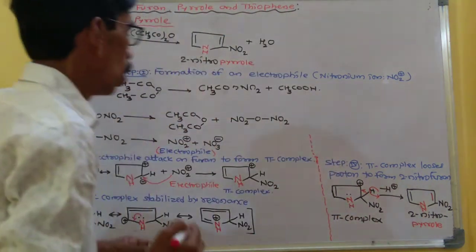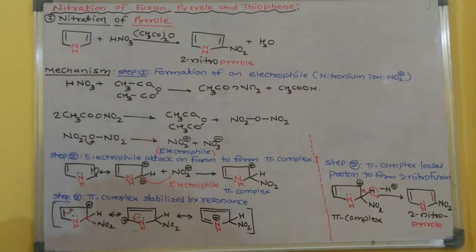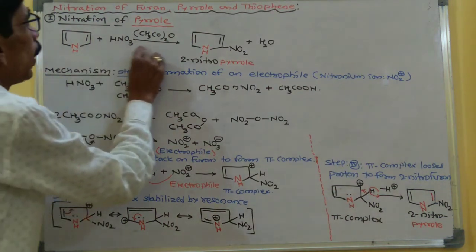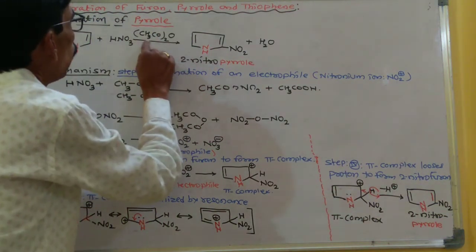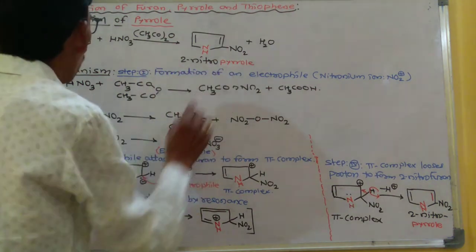In place of oxygen we have substituted NH for the pyrrole. So when pyrrole reacts with concentrated nitric acid in the presence of acetic anhydride, it gives 2-nitropyrrole.